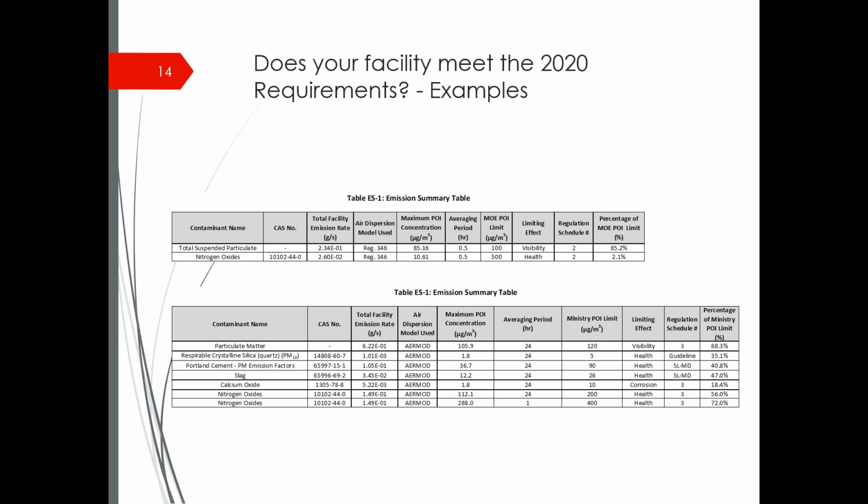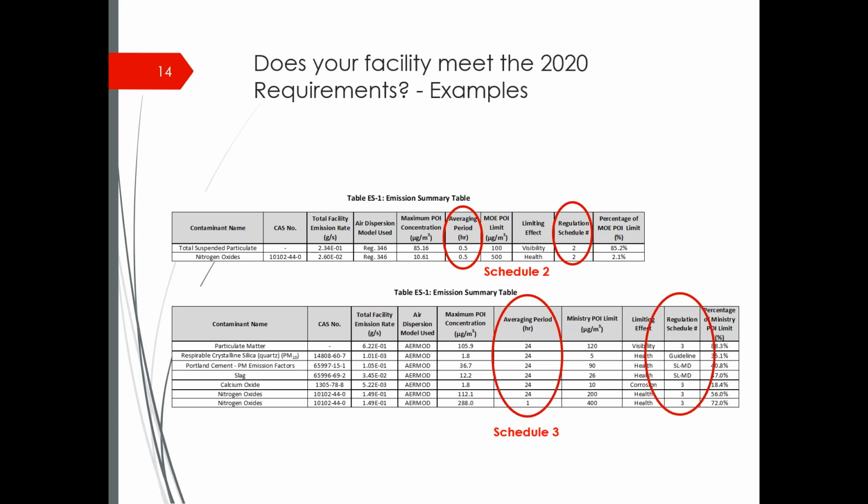So here are some examples. If you look at the table on the top, which you will usually find in the executive summary of your ESDM report, if your averaging period is half hour and the corresponding schedule is number 2, you are in Schedule 2.